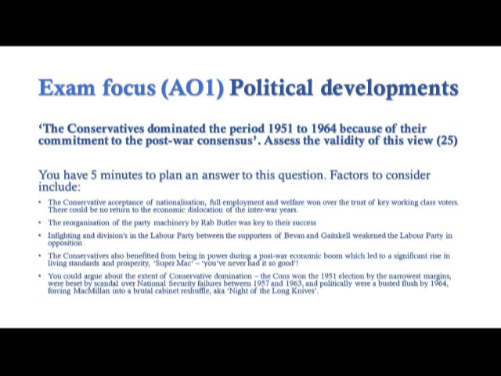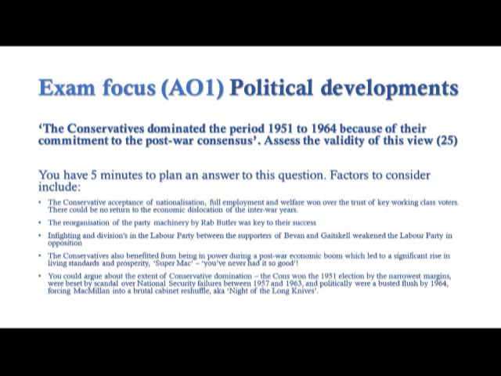So your answer could include an appreciation that yes, in support of the view in the question, the Conservative acceptance of the post-war consensus, with both the Conservatives and Labour agreeing that the only way forward in a post-war world was a mixed economy.